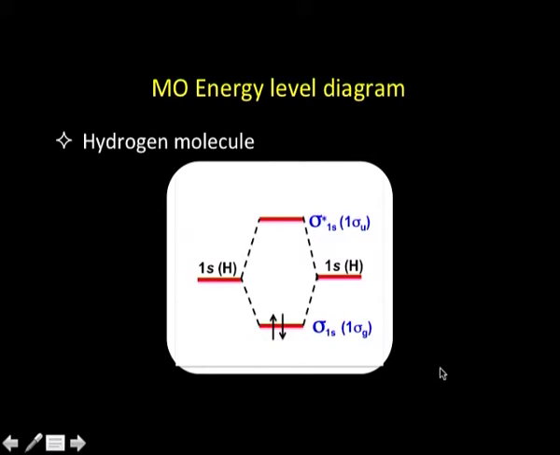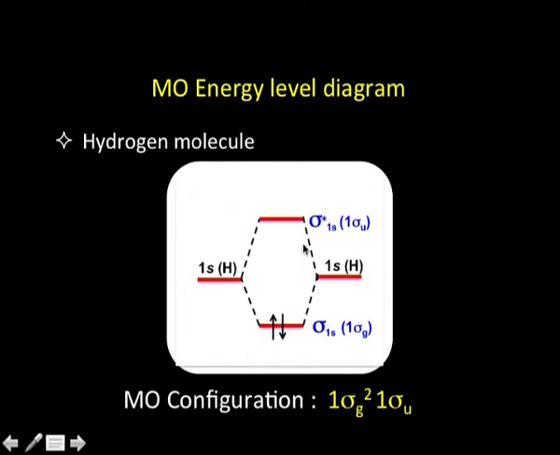Let us go further into this. In molecular orbital theory, we generate the molecular orbitals and then fill the electrons in them. In the hydrogen molecule, we have only 2 electrons, one from atom 1, one from atom 2. When you fill these 2 electrons into the molecular orbitals, both will occupy the sigma 1s orbital, because the first electron will come here and the second can be here or here.